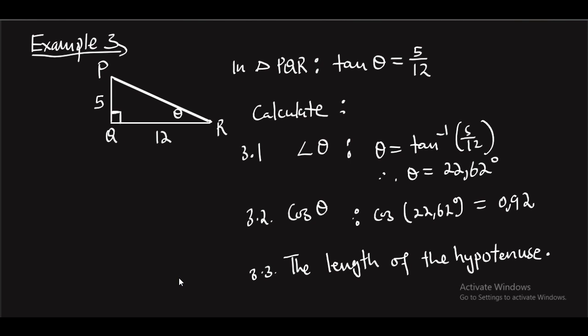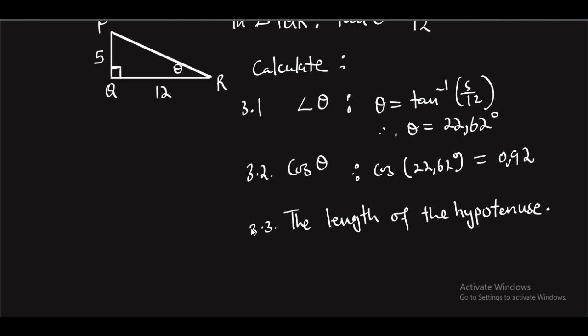Alright, and what about the length of the hypotenuse? We can just use Pythagoras there and say PR squared is equal to PQ squared plus QR squared. So PQ is 5 squared plus QR is 12 squared. Remember that here it's PR squared.